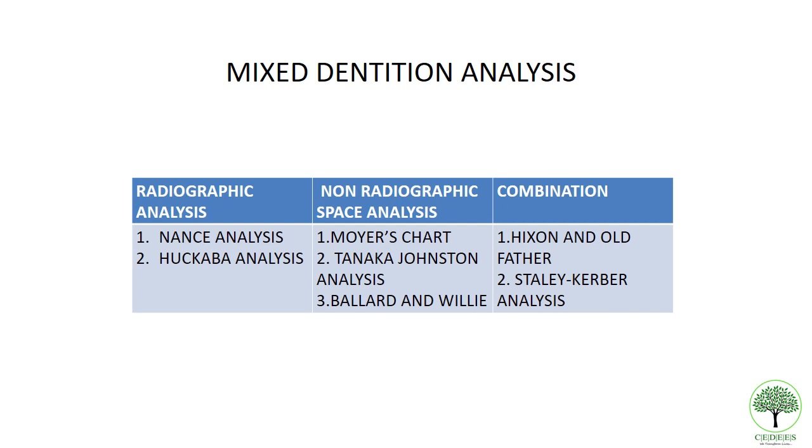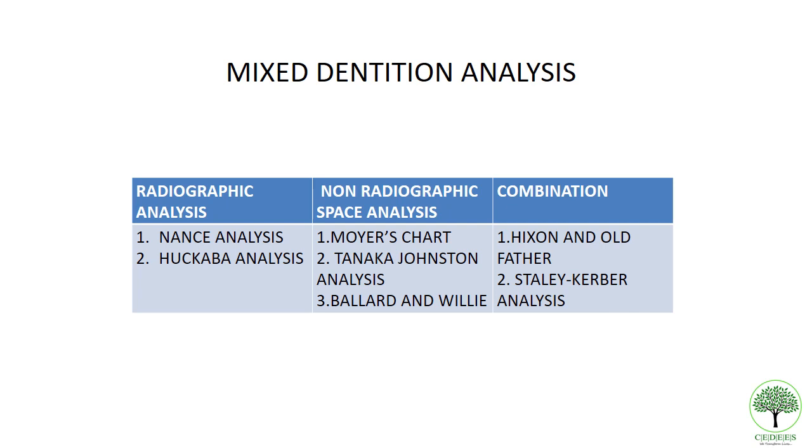Something that takes values based on just casts and then uses a probability chart is your non-radiographic analysis, where there is a probability or predictability chart, like your Moyer's chart, where on the cast you measure the sum of incisors, and then for that particular sum of incisors you check the chart for the amount of space that's available for the permanent teeth. So that is the Moyer's predictability chart.